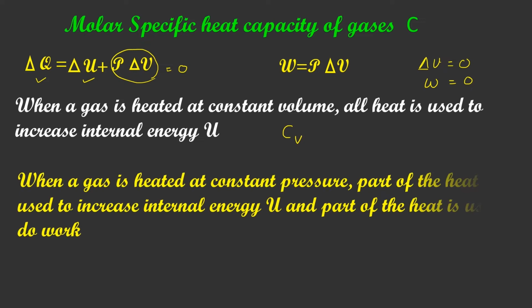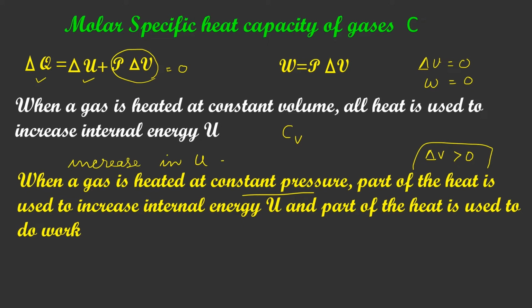What happens when a gas is heated at constant pressure? At constant pressure, delta V is greater than 0. Therefore, some amount of heat is used to increase internal energy U, and part of the heat is used to do work. So all heat is not available for increasing the internal energy.